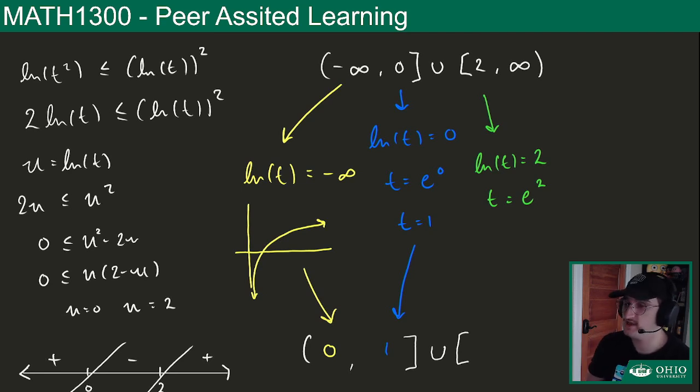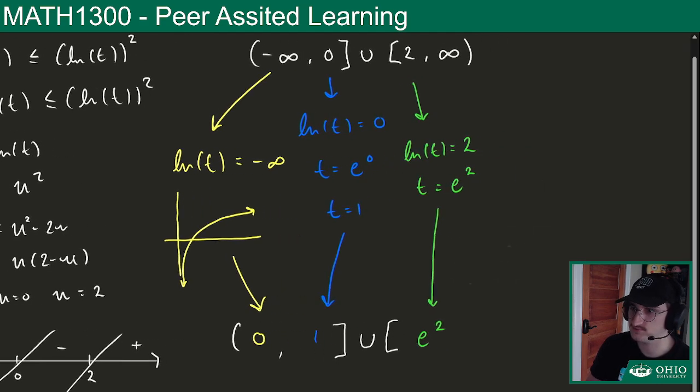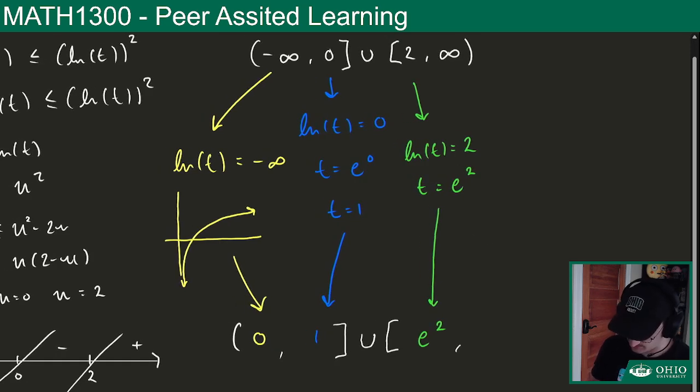My headset turned off. Sorry about that. I can't simplify that any further. That's just what we're going to get. So t equals e squared, and that can get put right into here, just as e squared. And then I want to scroll to the right a bit so I'm not in the way of my face cam. But next we have another comma, and then we again are going to do another analysis on the infinity.